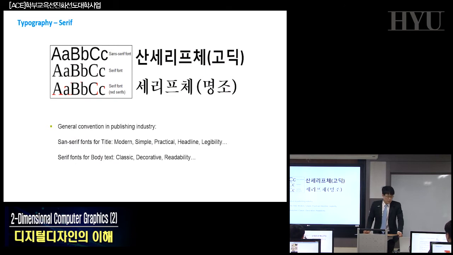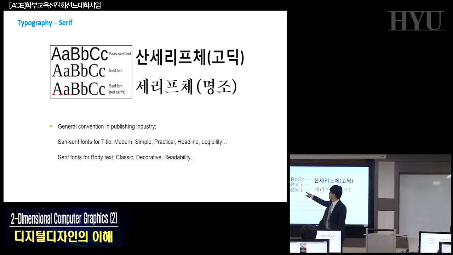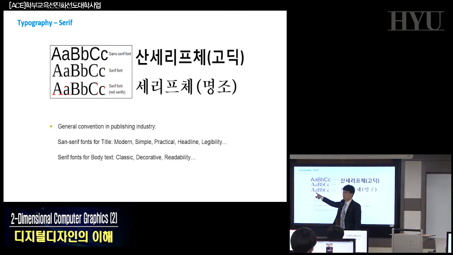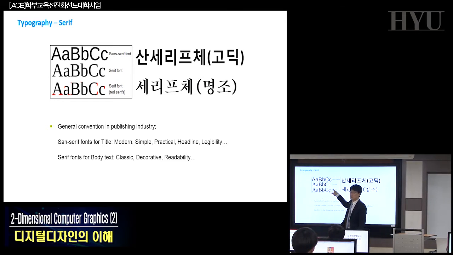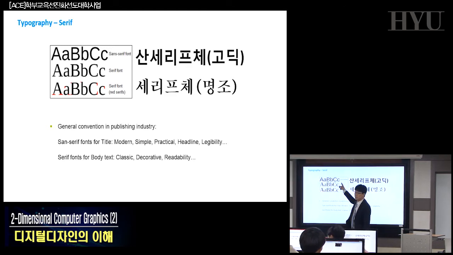I would like to show you one important thing about typography, that is serif. What is serif? Take a look at this red part in the font. A very decorative area within the font. But take a look at this one, sans serif. Sans serif fonts don't have those serifs.